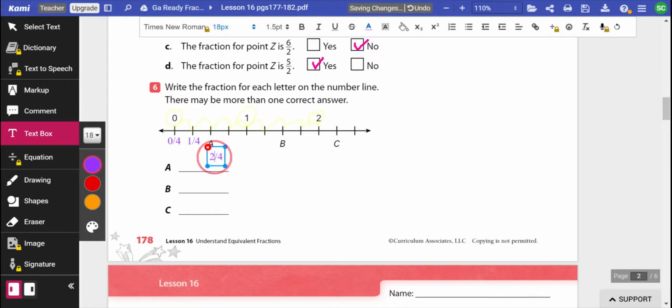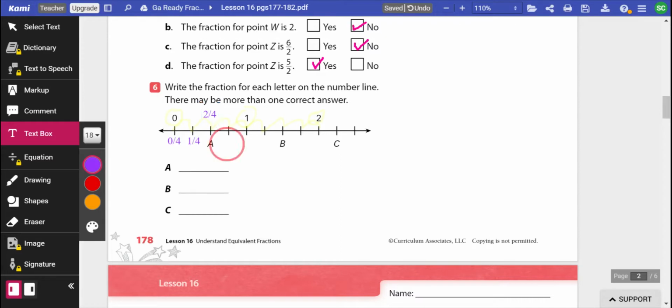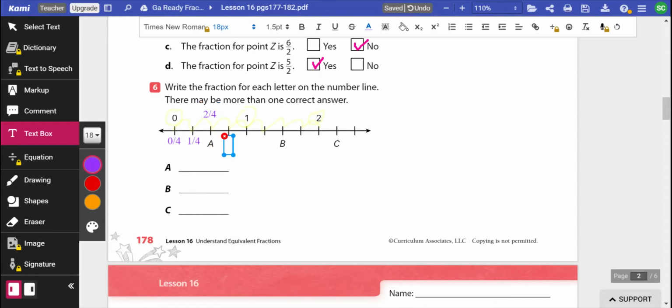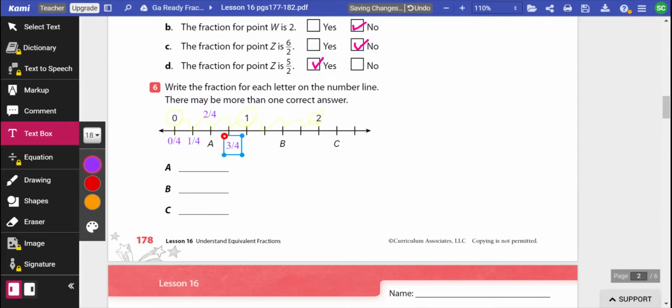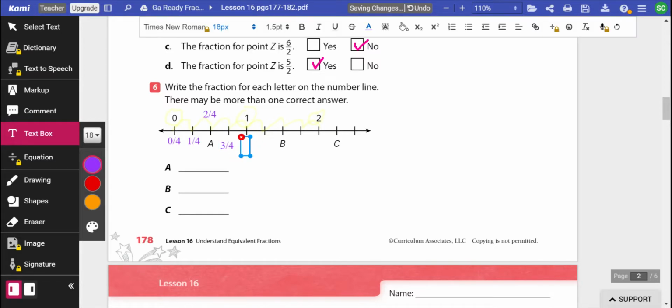And let's go ahead and just move this up so that it's not down here getting in the way of this answer box. After 2/4, we have 3/4. See, we're counting just like we count normally. 0, 1, 2, 3, but we're counting by fourths because that's our unit. Then we go to 4/4.